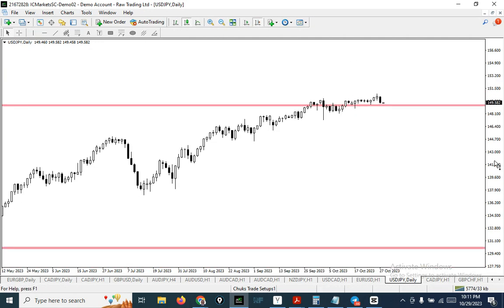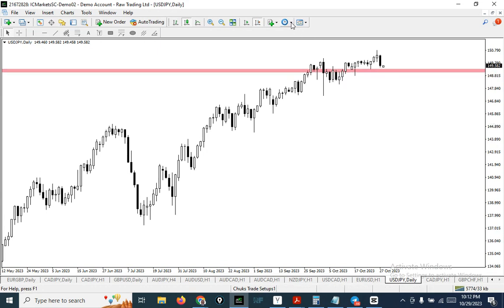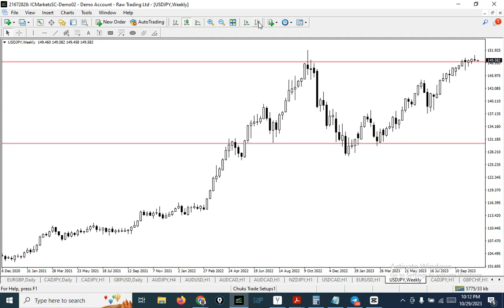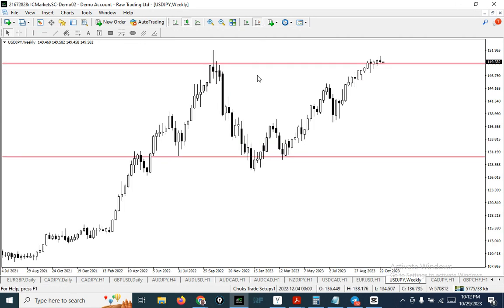Let's see. This is where the other level is. Let me go back to the weekly time frame from the monthly time frame, because I'm doing top-down analysis. So I'm here. I want to see how the monthly structure levels align with my weekly structure levels.